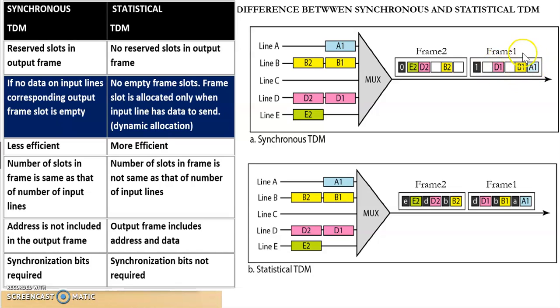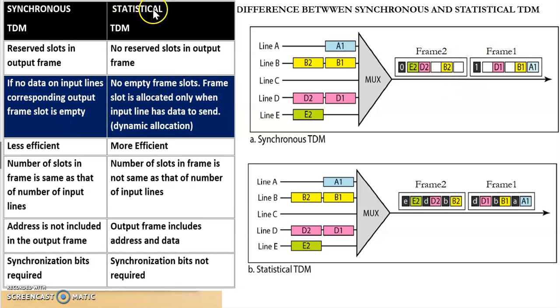Over here we can see that in this frame, the slots reserved for line C and line E are empty because line C and line E are not sending any data unit. Similarly, for the second time duration, these data units will be sent as frame 2 and in this frame we can see that the slots reserved for line A and line C are empty because line A and line C are not sending any data for the second time duration. So these two slots will be empty.